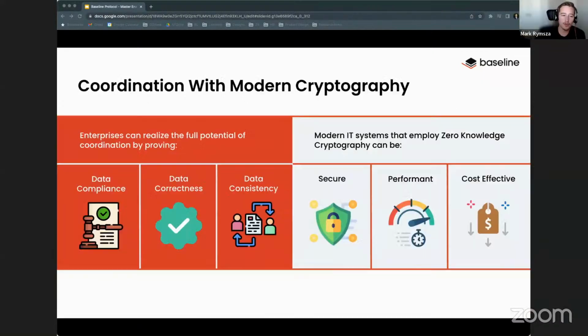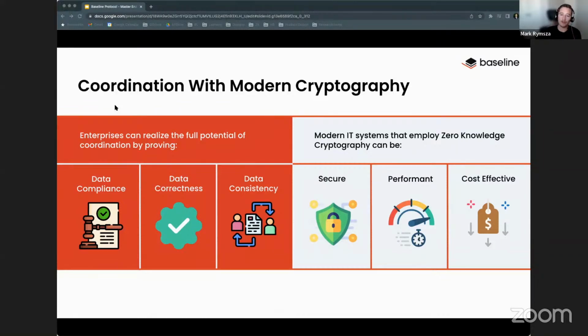Moving one step forward, when you coordinate with modern cryptography, it allows enterprises to realize the full potential of coordination, because a zero knowledge proof allows you to prove data compliance and data correctness. You can prove data consistency. You can prove that every work step done up until the current one has been executed properly.